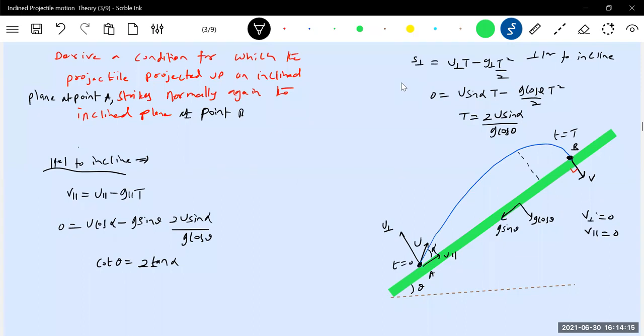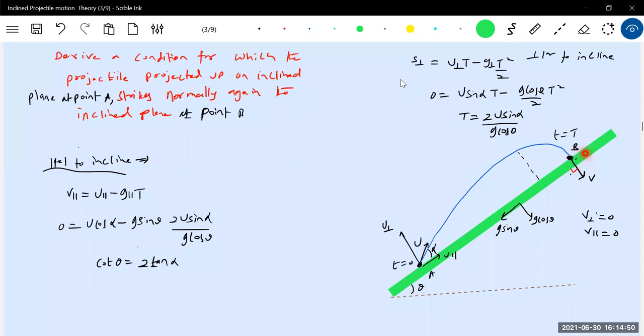u parallel is u cos alpha, no? If it strikes normally, this component of velocity should be 0.